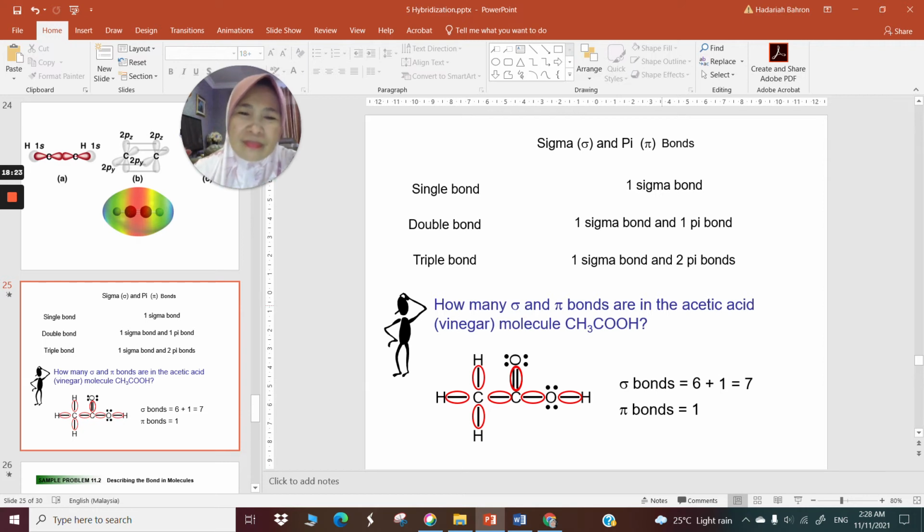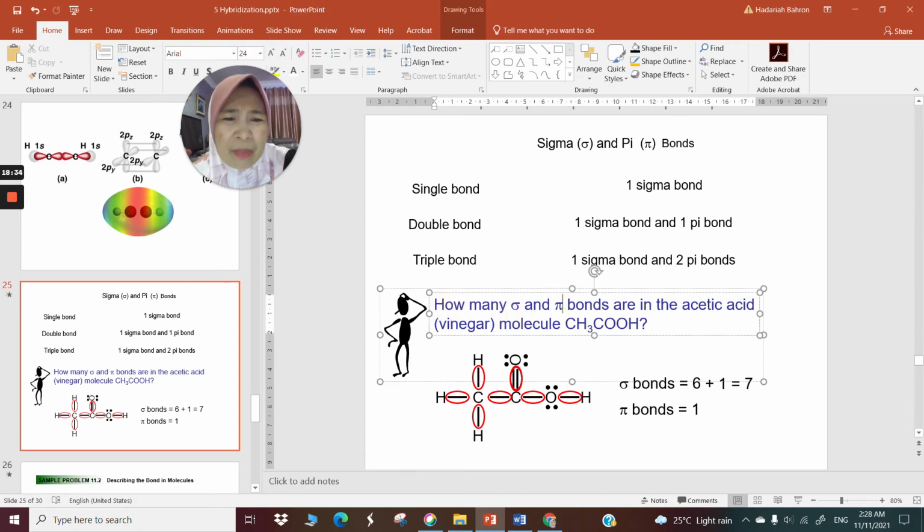Questions that can arise from this kind of discussion: you can be asked how many sigma and pi bonds are present in an acetic acid or vinegar molecule. Any chemist will know that acetic acid is CH3COOH.